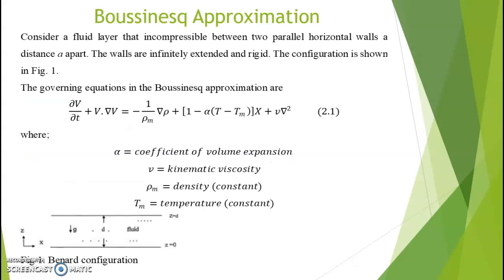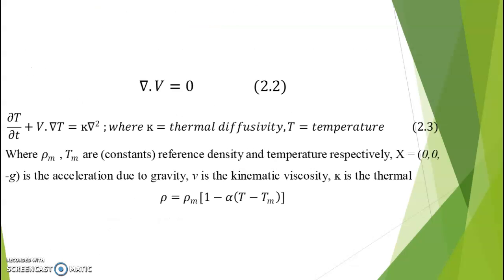In this slide and the next slides, I will show the methods. First of all, Bosnick's approximation, the first part. This part is only to show the governing equations, which are 2.1 and 2.2.